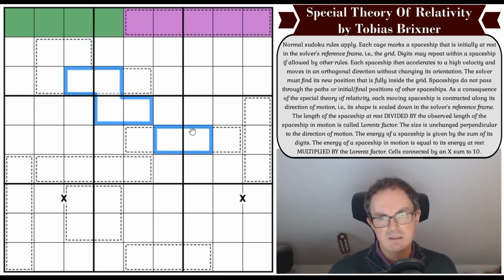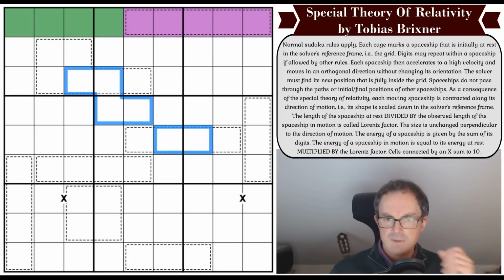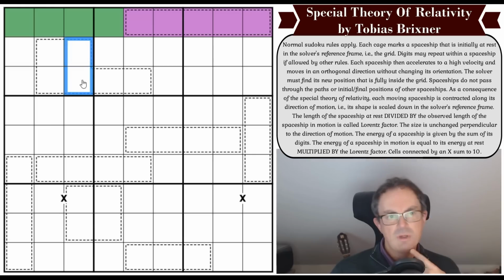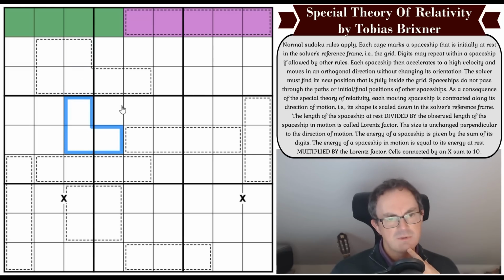They don't move diagonally. They accelerate to high velocity. Do not pass. And they are contracted, so its shape is scaled down. What I want to say is that must go to a sort of triomino.